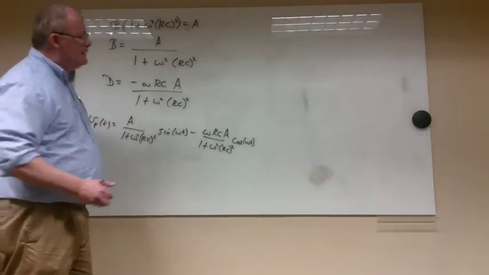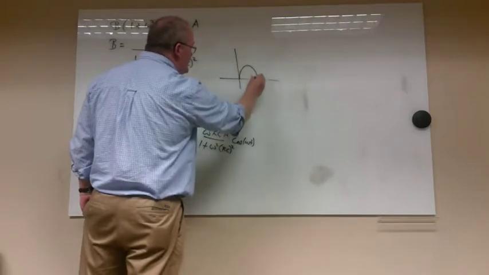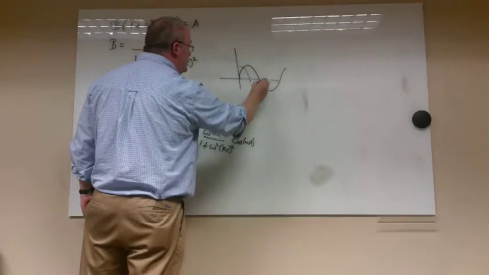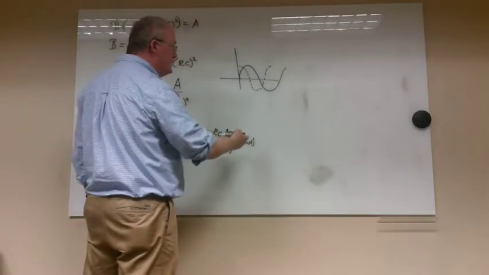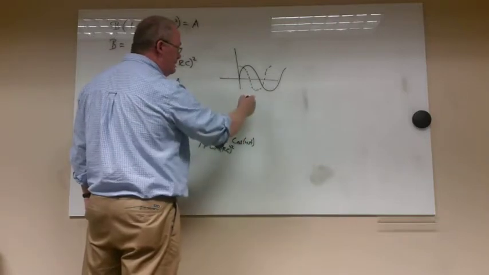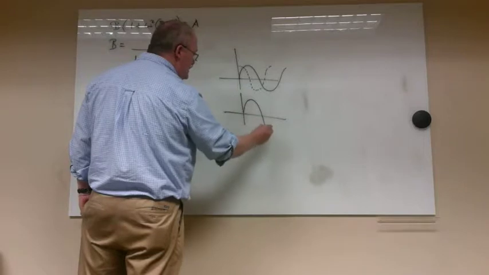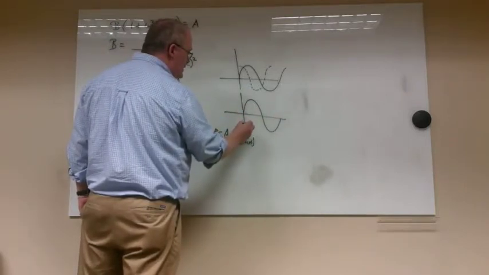But, like I said, if you want to take a look at it, if this is the function sine of omega t, and this is the function cosine of omega t, at high frequencies it actually becomes a negative cosine, which means we flip that. So let's try this again. We have the sine of omega t like that, and the negative cosine means it's going to come out here.